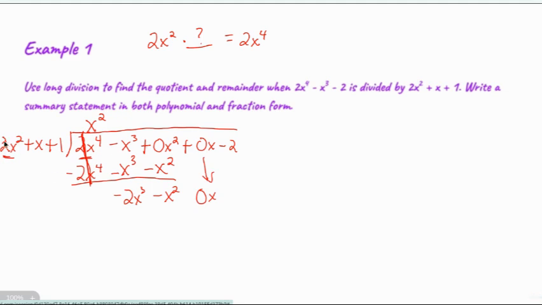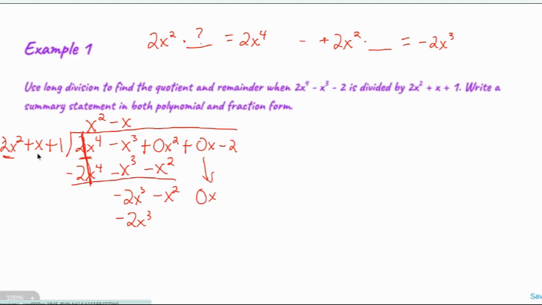So we look at 2x squared and negative 2x cubed. So I say 2x squared times what gives me negative 2x cubed? And that would be a negative x. So I get negative 2x cubed right there.